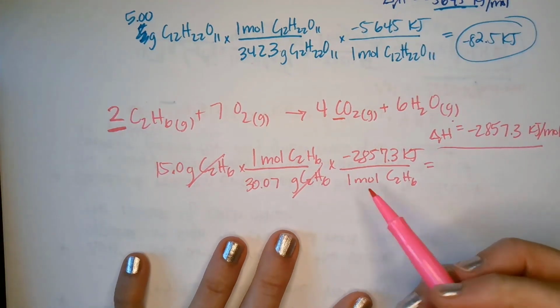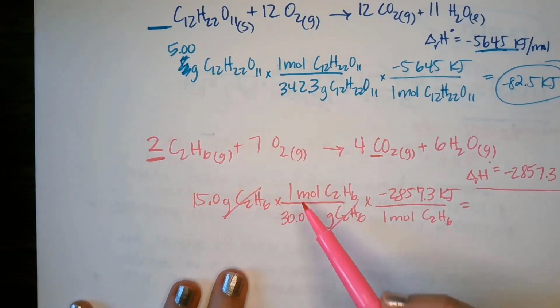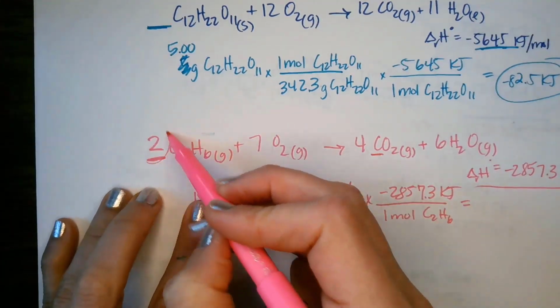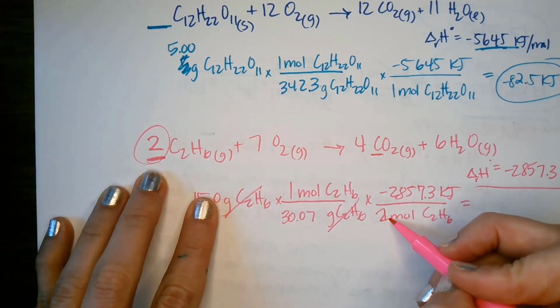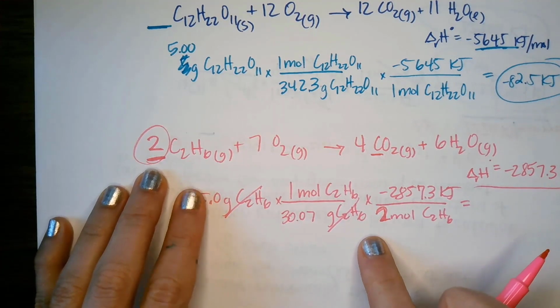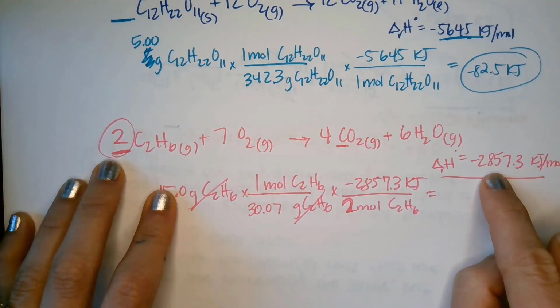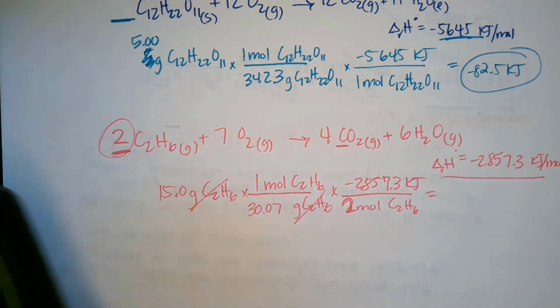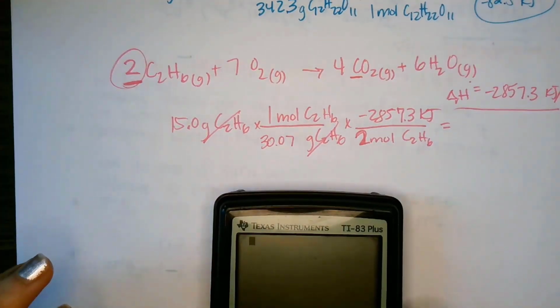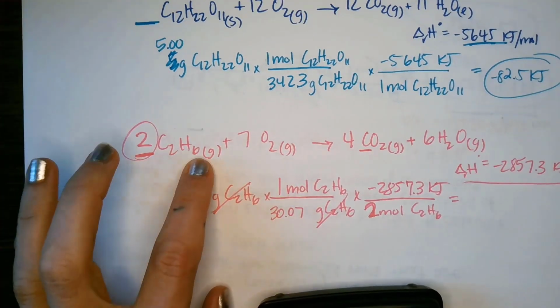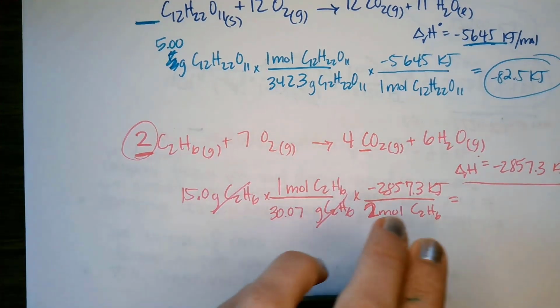So I went grams to moles, but I need 2 moles of ethane. 2 moles of ethane creates this much energy. Okay, let's try that again. That makes sense now. That also gives me 12 hydrogens on the left and 12 hydrogens on the right.